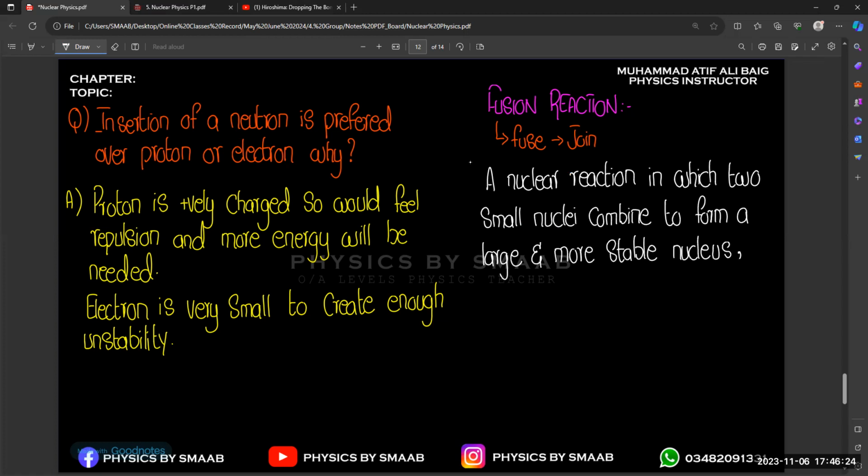It will also release a very large amount of energy.